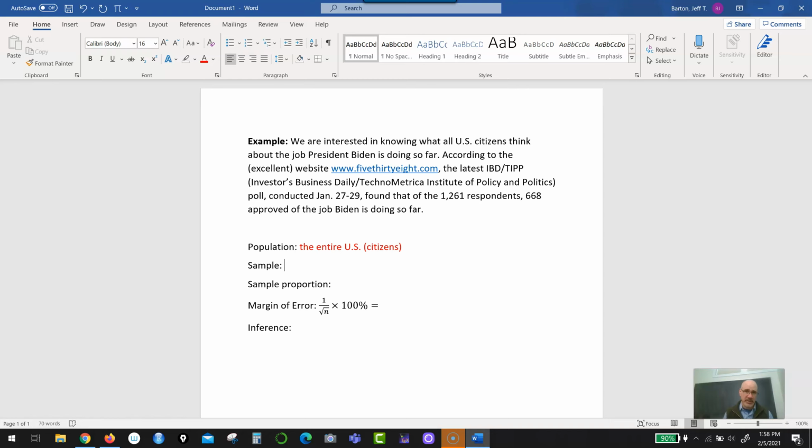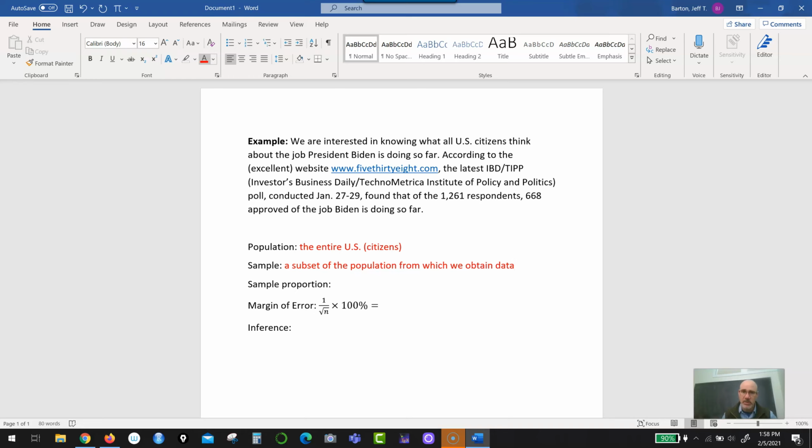Right? So we want to know about the whole population. We don't have the money or time to ask everyone. And so instead, we just take some representative sample of the population. And that's the folks that we actually collect data from. So our sample will be, stick with the red font, a subset of the population from which we obtain data.